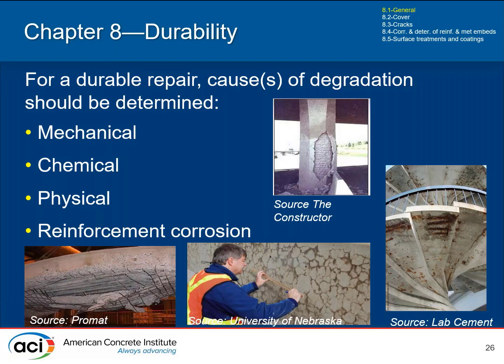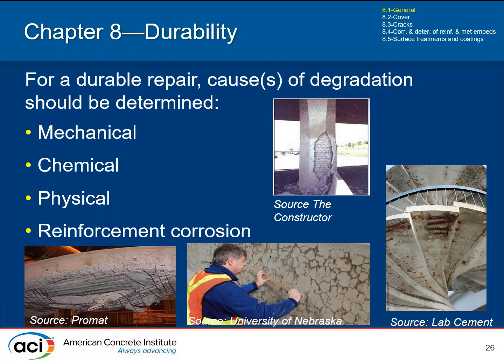For example, if you have a structure not affected by alkali aggregate reaction because the right aggregates were used, that doesn't mean you can ignore using the right aggregates for your repair. So all these potential deterioration mechanisms, not just the ones you've experienced, need to be considered.